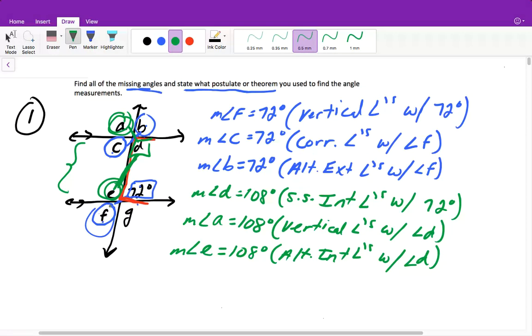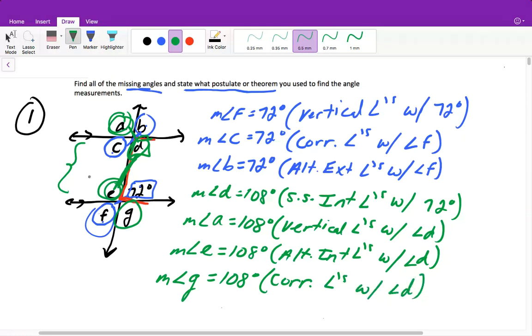There's different ways you could have gone about answering this. Angle D and angle G are corresponding, so that means that they're in the same position, which then means that they're equal. So the measurement of angle G is equal to 108 degrees as well. And for this one, I'm going to say corresponding angles with angle D. You could have said vertical angles with angle E, alternate exterior with angle A, whatever you prefer.